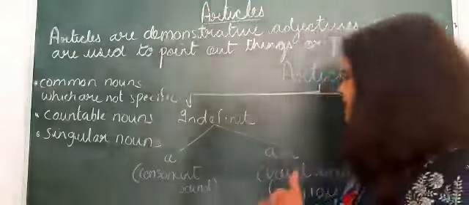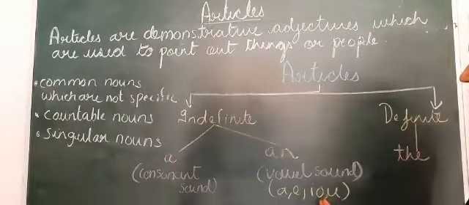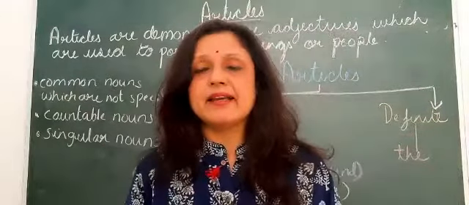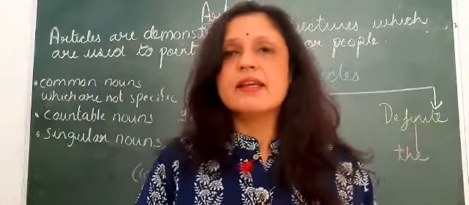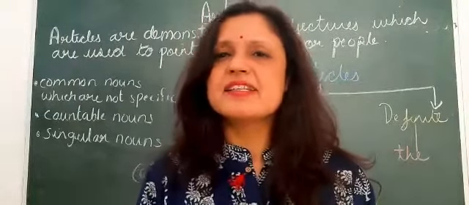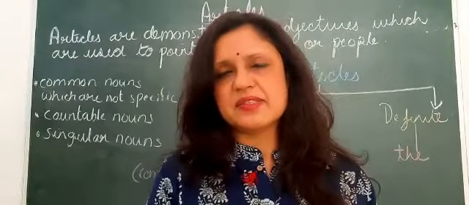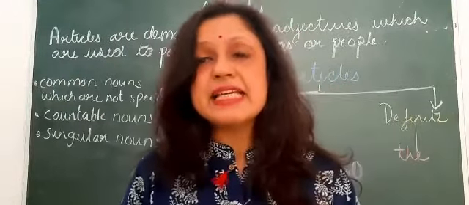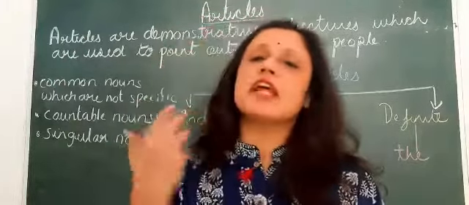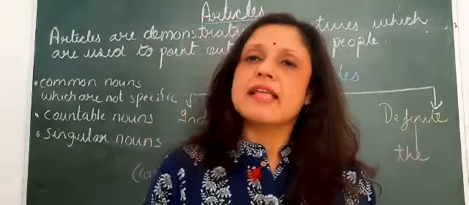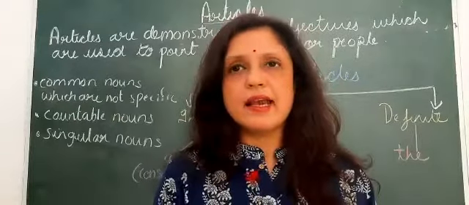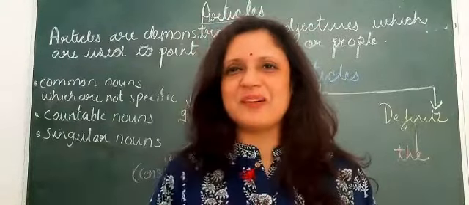When we articulate A, E, I, O, U, we notice, for example, A. When we articulate A, there is no closure of the mouth, and the sound of A does not take help of any other sound. Like, for example, B, C, D. When we articulate B, we notice that the sound B takes the help of two sounds, B and E. And also, there is a closure of mouth.